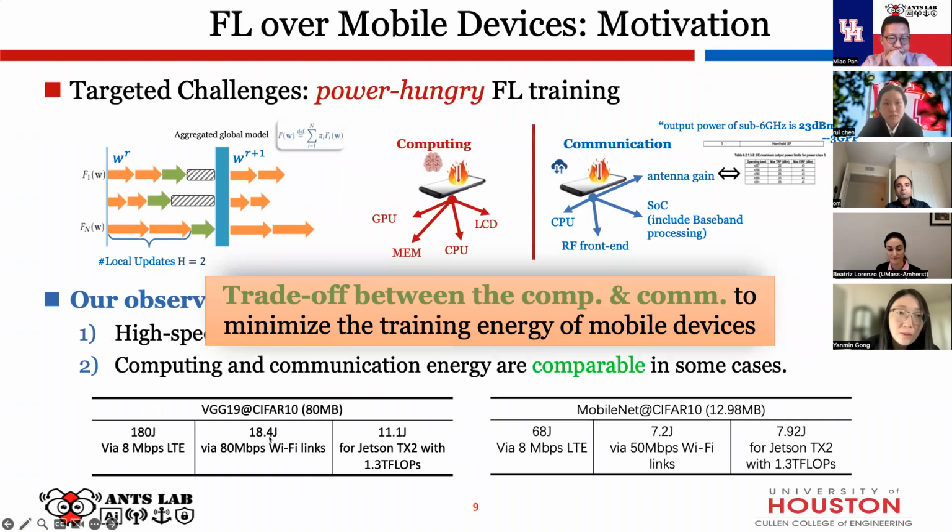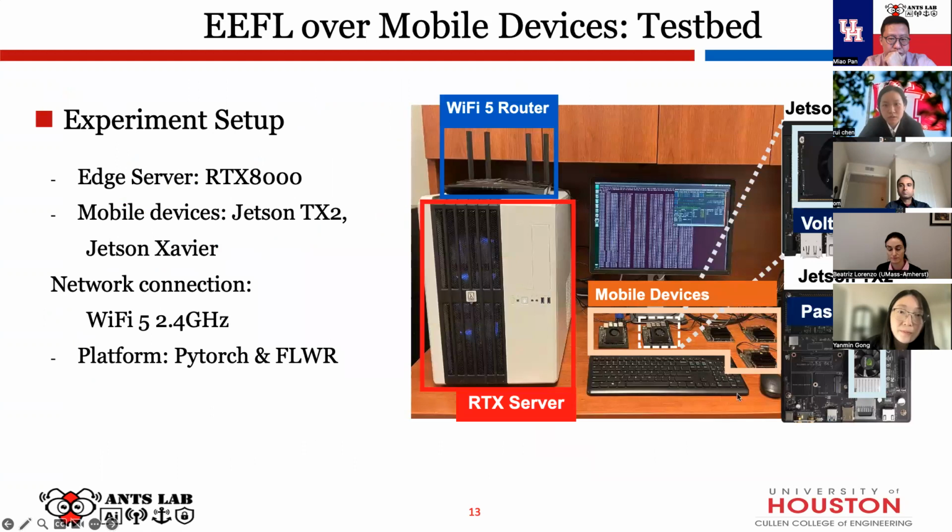Yes, for the energy consumption, we measure the computing energy consumption from the development kit. And for the communication part, for this experiment, we use theoretical analysis of the theoretical network speed to compute the energy consumption. But in our testbed, we are able to collect all those energy consumptions.